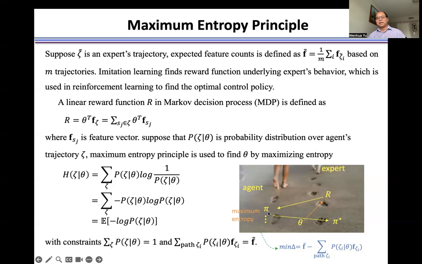When this policy approaches the optimal policy, we find this theta. From this theta, we calculate this R. And in the second step, we use this R in reinforcement learning to find the optimal policy.